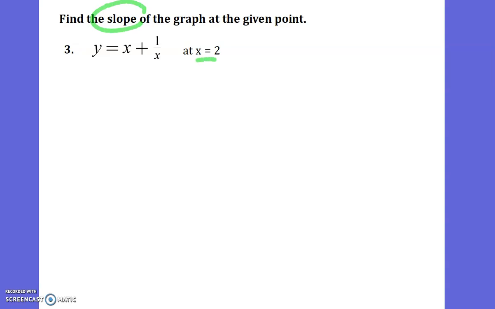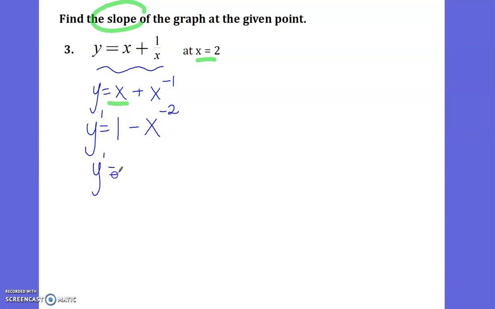Well, I first have to take the derivative of this, and then I can use that to find the slope. So I'm going to rewrite this so that it's x to the -1. Okay, taking the derivative of this, derivative of x is just 1. Here I bring down the negative and make that -2.